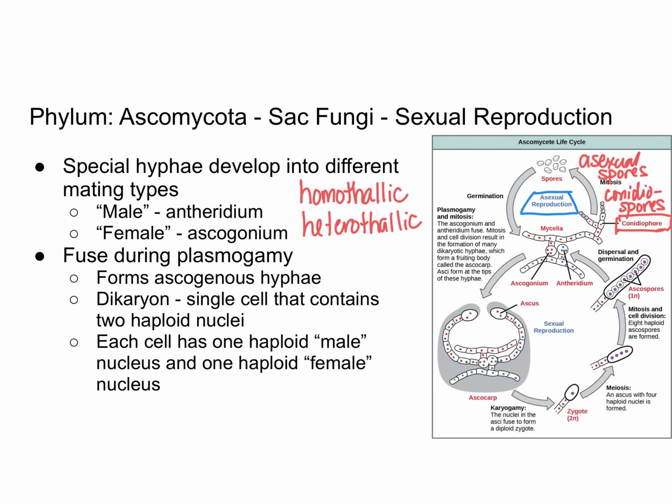Homo means that the antheridium and the ascogonium are going to be associated with the same organism. Hetero means different or other, so in a heterothallic situation, the antheridium and the ascogonium are going to be associated with different fungal organisms.